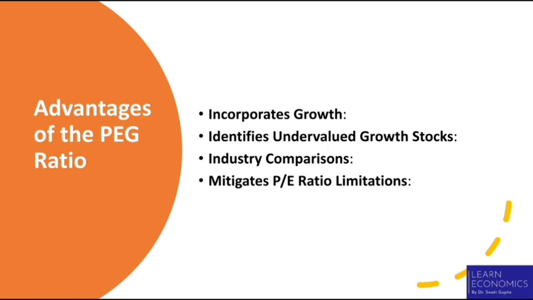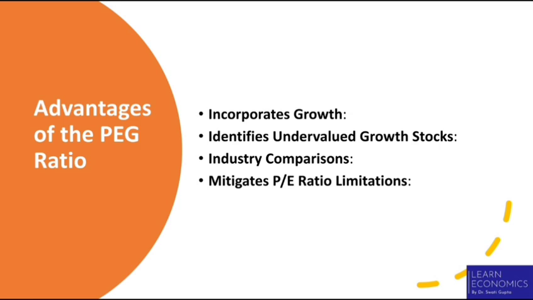Second, identifies undervalued growth stocks. If a PEG ratio is less than 1, it gives a signal that a stock is undervalued relative to its growth prospects, and this helps investors to identify opportunities where a company's price doesn't fully reflect its potential for future earnings growth.